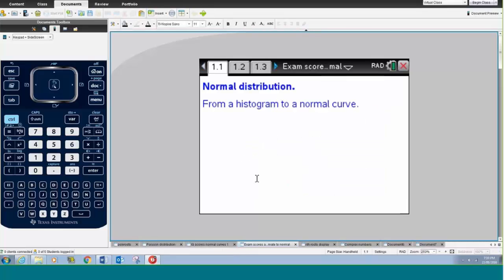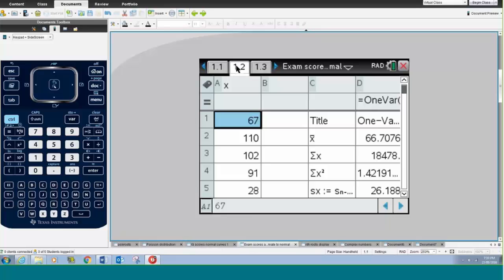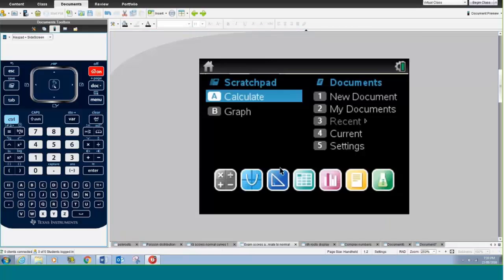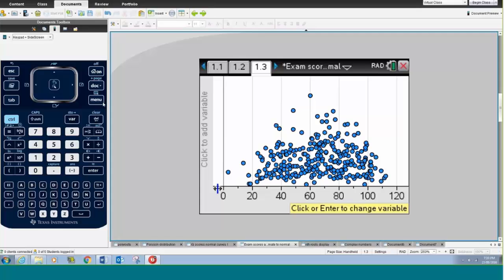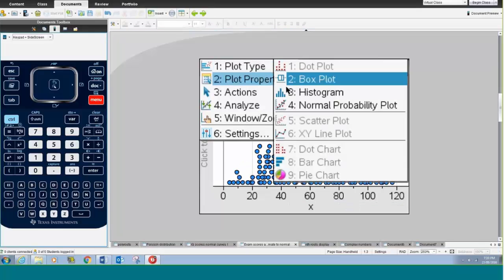some normal distribution. So when we introduce normal distribution, how we can go from a histogram to a normal curve. So I have some scores, let's say, for a high-level maths exam, which are listed here. And I can put those scores and create the histogram.